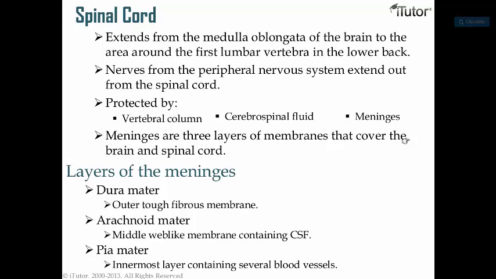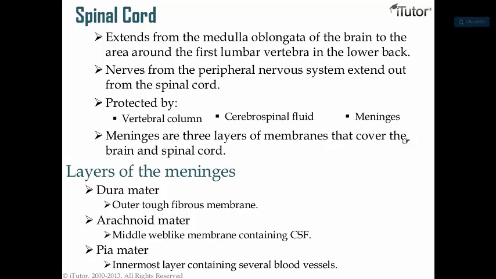This is why any problems with the spinal cord, any fractures within the vertebral column, cause major problems to the person, because it is responsible for coordination of movement and is responsible for taking all the messages from the brain and delivering them to the rest of your body.